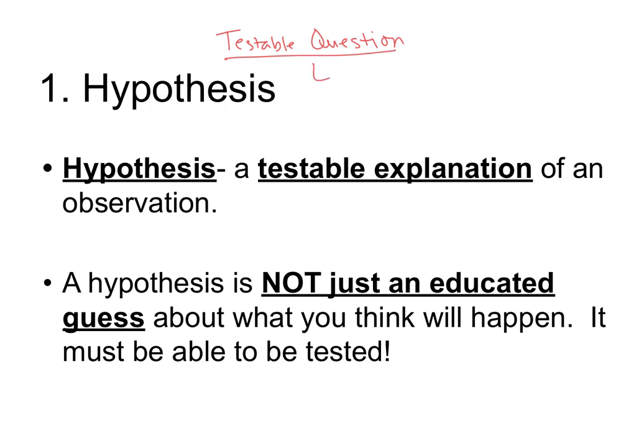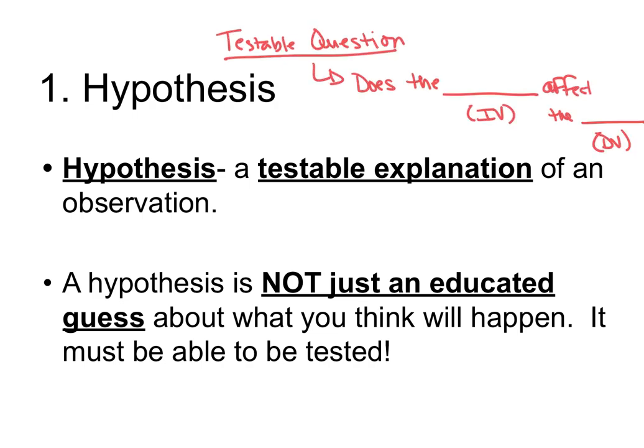An easy way to write a testable question is, does the blank affect the blank? In the first blank, you're going to put your independent variable, and in the second, your dependent variable. So it sets up the big question of what we are trying to look for.